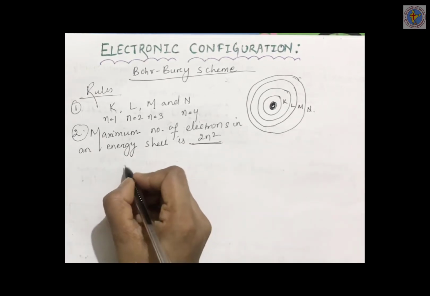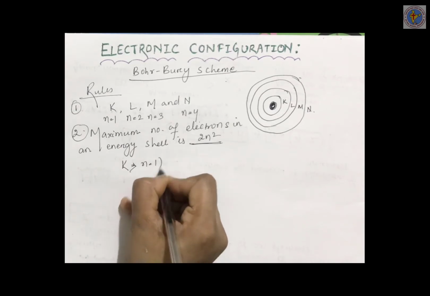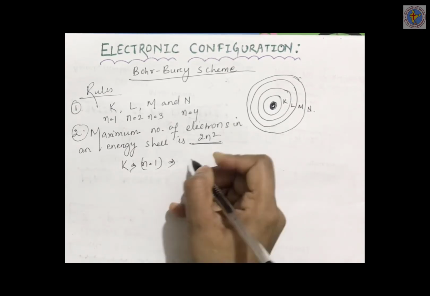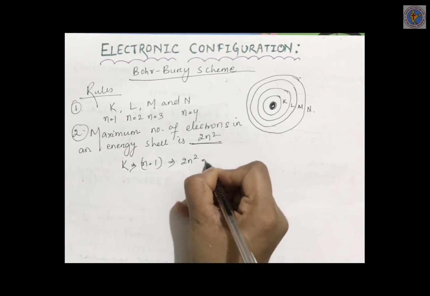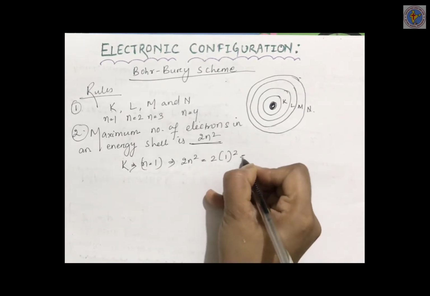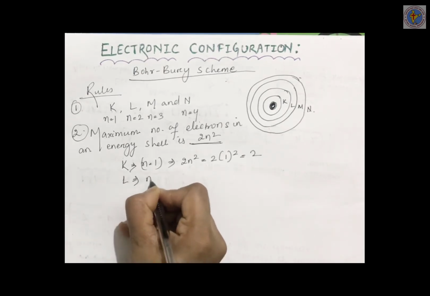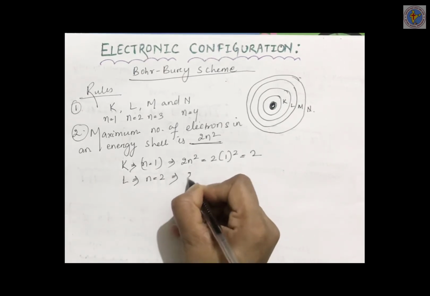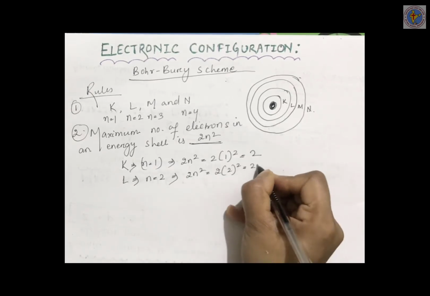For example, for the K shell, when n is equal to 1, the maximum number of electrons that can be accommodated in this shell is 2n square. That means 2 into 1 square, that means 2. Similarly, for L, n is equal to 2. So 2n square means 2 into 2 square, that means 2 into 4.